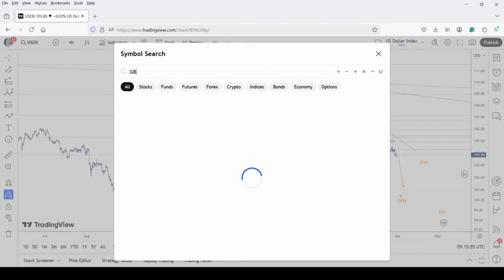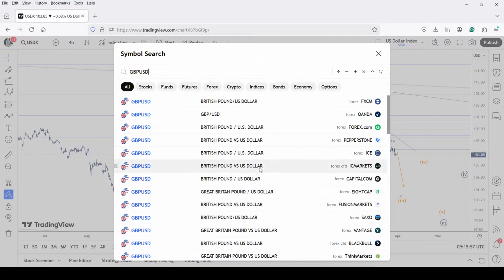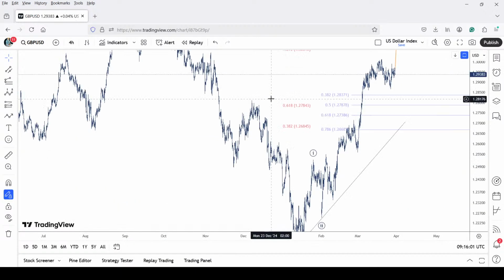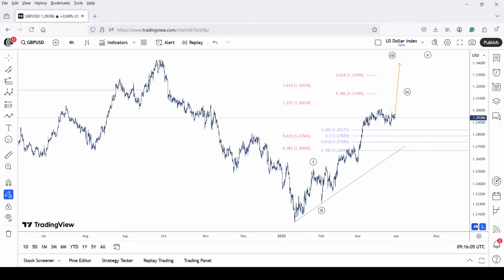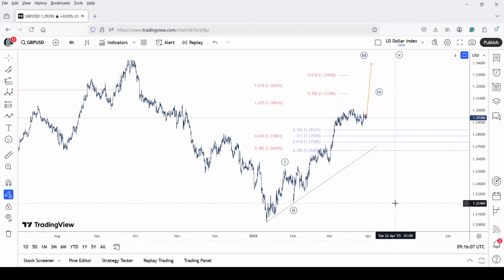Let's move on to pound. Once again, it's no different from what we just discussed in the euro and the dollar index on the opposite side. Minute wave 3 is unfolding right now towards 135.